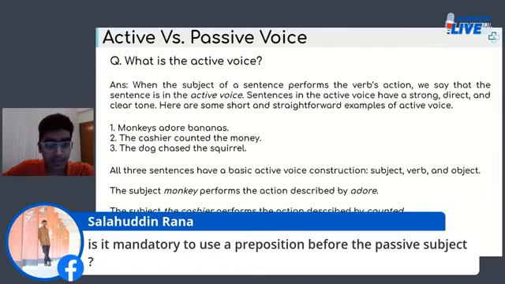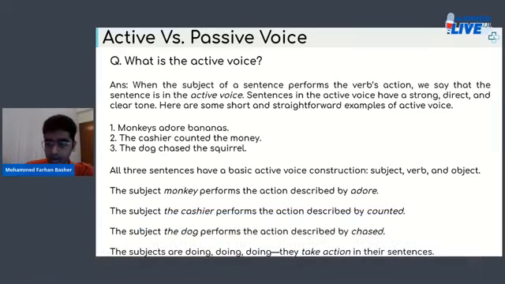So you can say that the money was counted by the cashier. The squirrel was chased by the dog. Bananas are adored by monkeys, not to monkeys or at monkeys or in monkeys or on monkeys. Other prepositions wouldn't fit. Only by would, and by does. Okay? All right. Any other query?